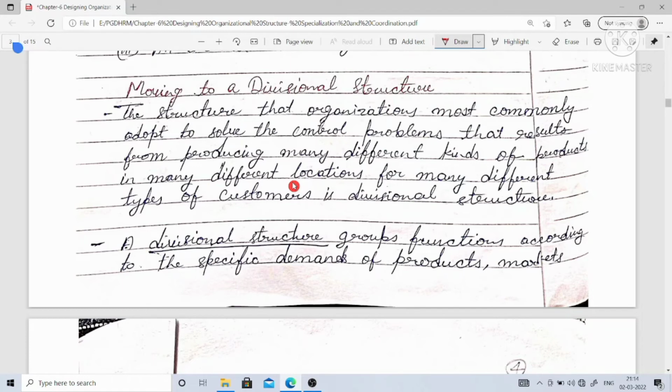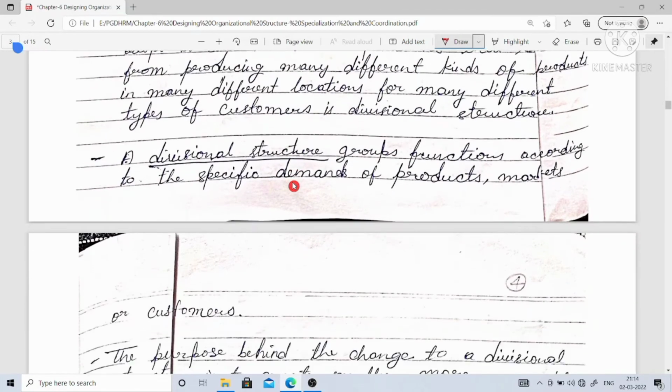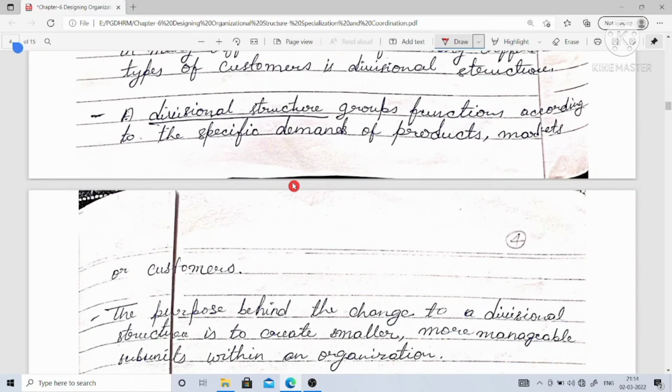So what is divisional structure? Divisional structure groups functions according to the specific demands of products, markets or customers. This is a type of grouping of different functions according to what the different types of products are, what the different kinds of markets are, and what the different kinds of customers are.